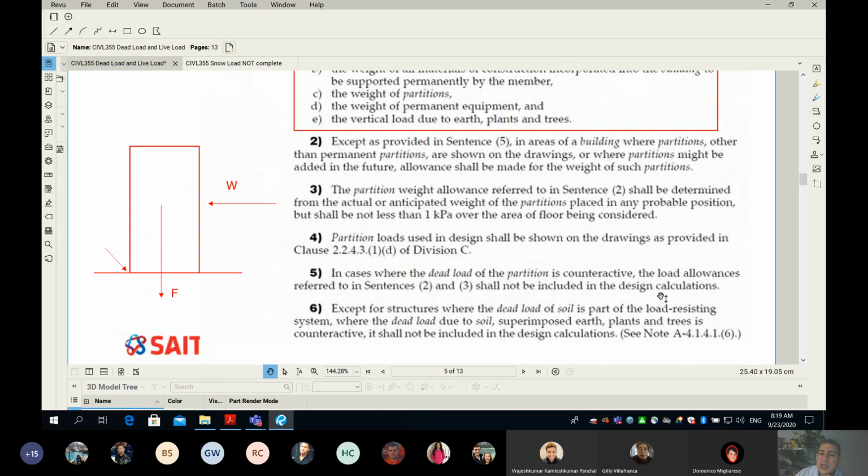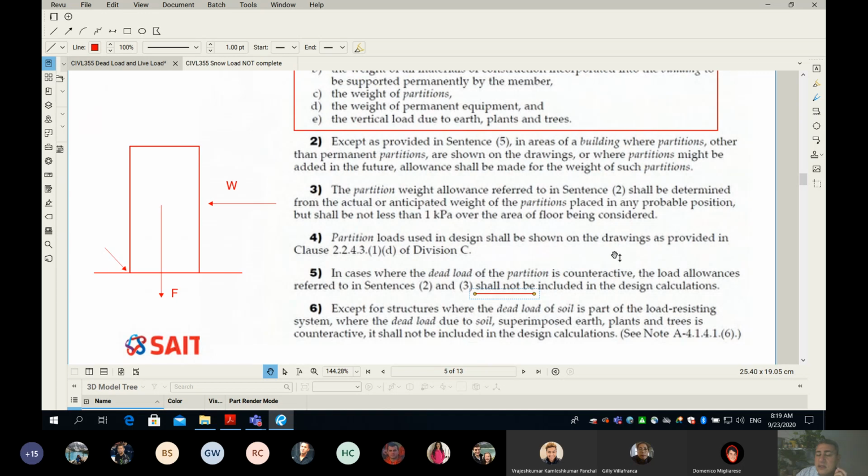So in this case, the load allowance referred to in sentence 2 and 3 shall not apply. Look at this, shall not. It means you shouldn't do that. Shall not means it's a must. And guys, remember also one of the things about the code, it's tricky. It's using English.